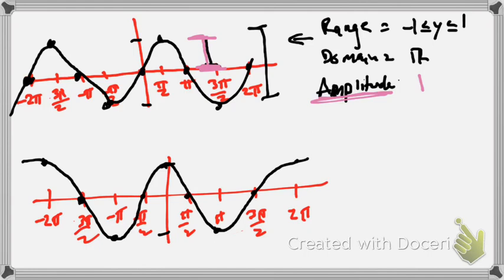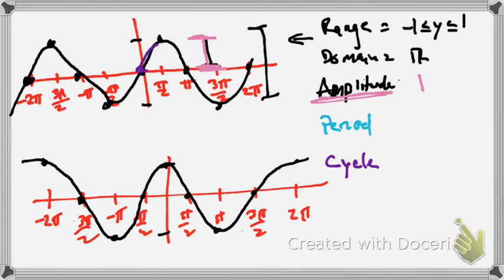A period is something that repeats the same cycle. To define period, it might be easier to talk about cycle first. A cycle is the same shape that gets repeated.